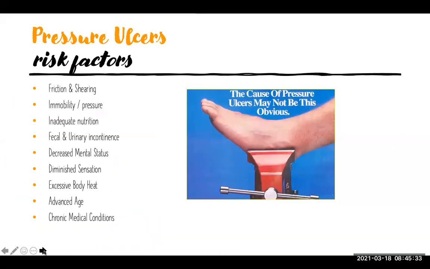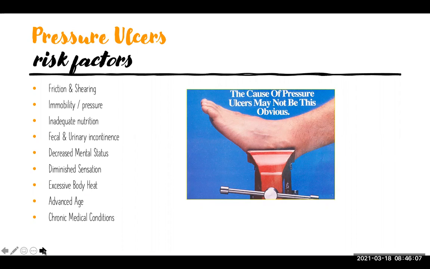All right. So pressure ulcer risk, we just went over it. Here it is again. So those are the major categories that you'll see who have risk for breakdown in their skin. So friction is a force acting parallel to the skin, like the sheets rubbing underneath them, removing superficial layers of the epidermis.